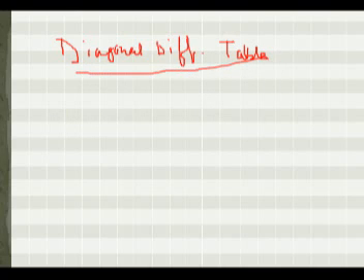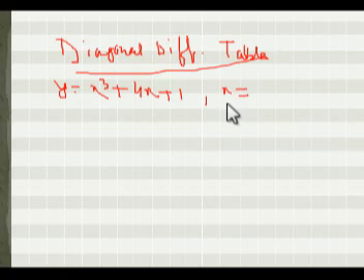Here the function is given: y is equal to x cube plus 4x plus 1, and the arguments are x equal to 1, 2, 3, 4. These arguments are equidistant, meaning the step length is equal.